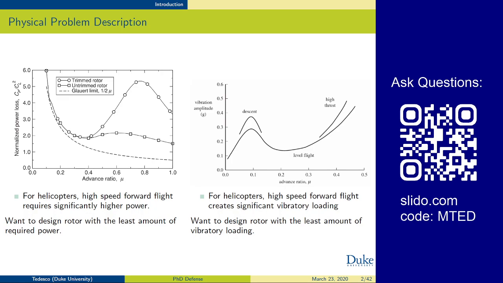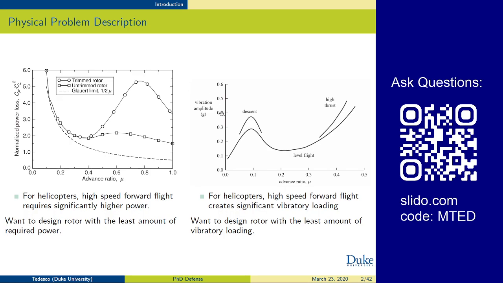Then we have two other curves collected by Hall and Hall, which are for trimmed and untrimmed rotors at these different forward flight speeds. The big thing that we notice is they're all above the Glauert limit, and there are these interesting spikes that happen at faster speeds, basically telling us power is going to be fairly high, especially higher than the Glauert limit for these rotors. So it's going to be a good idea to be designing for lowest power possible.